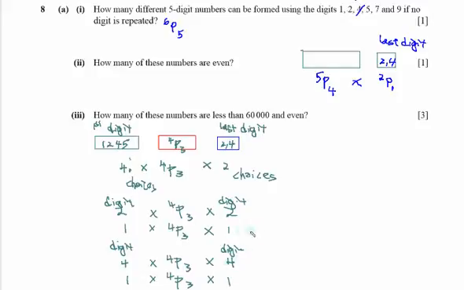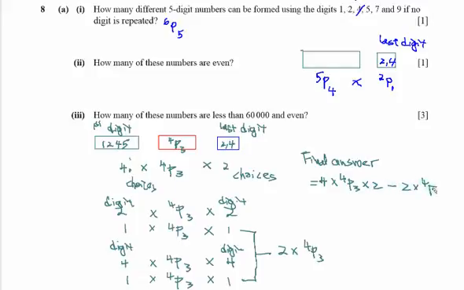These two cases added together give 2 times 4P3, which we have to subtract from the total. So the final answer is 5 times 2 times 4P3 minus 2 times 4P3.